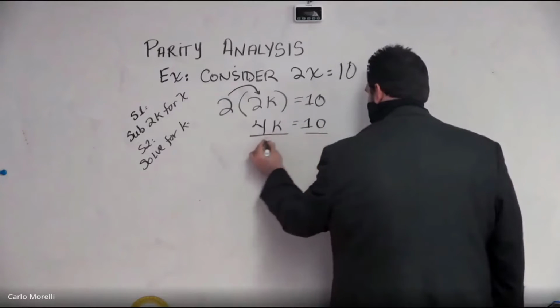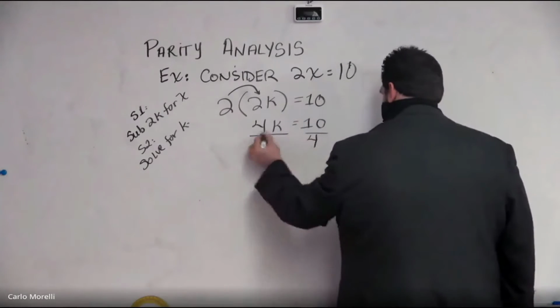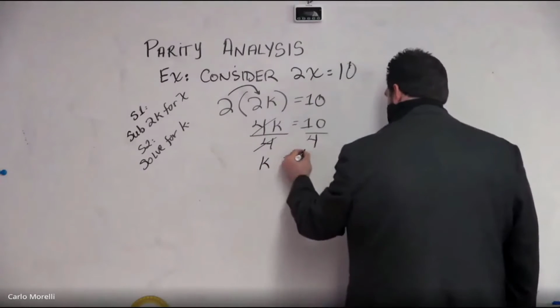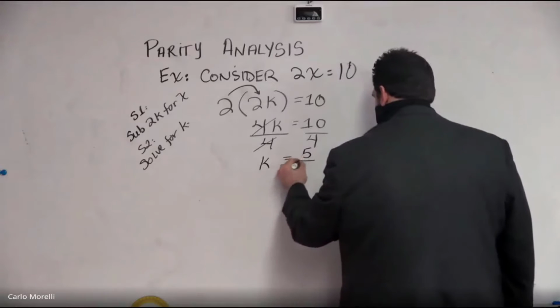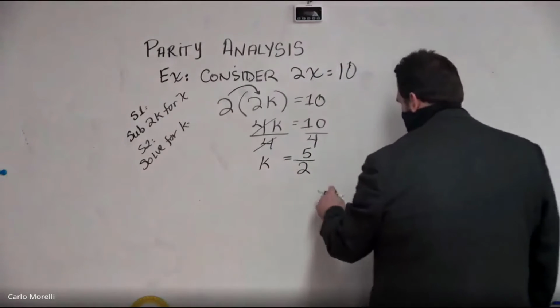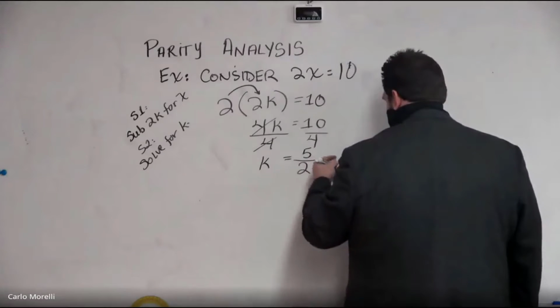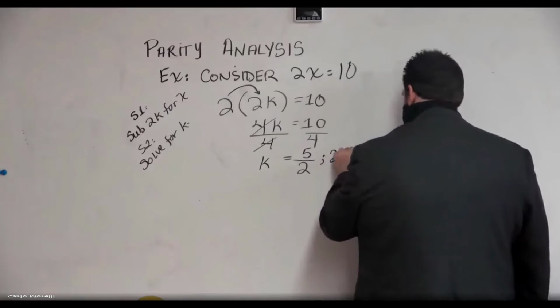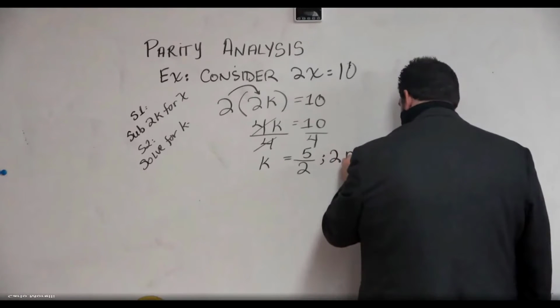Divide both sides by 4. k equals 10 over 4, which is 5 over 2. Another way of saying this is 2 remainder 1.